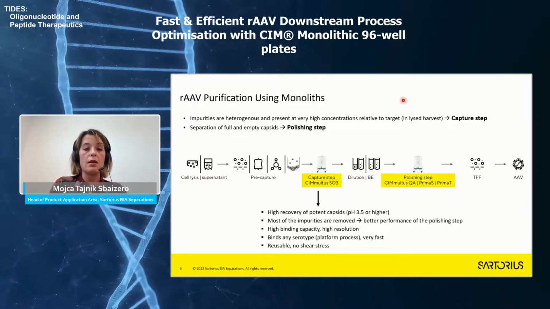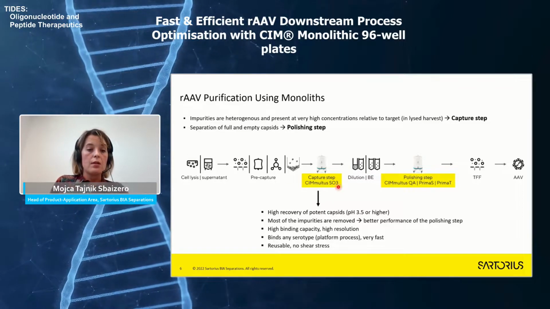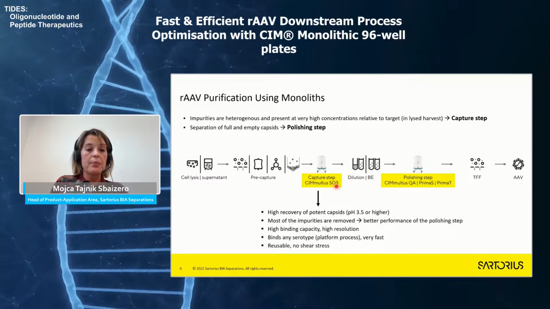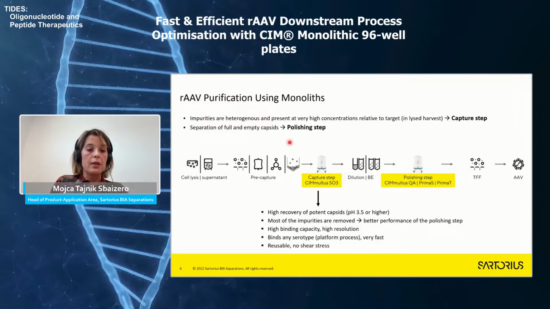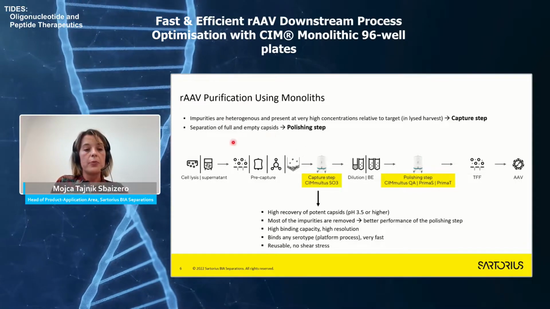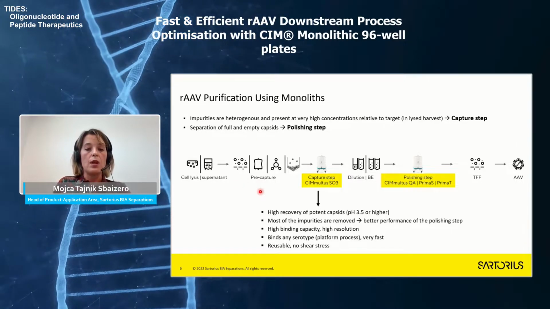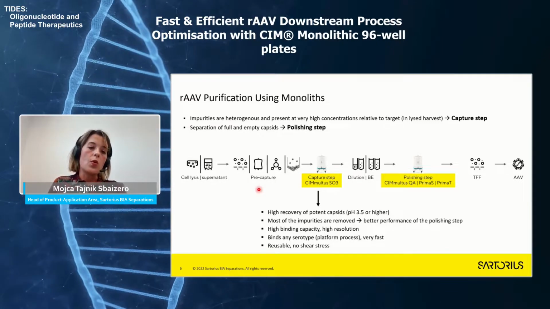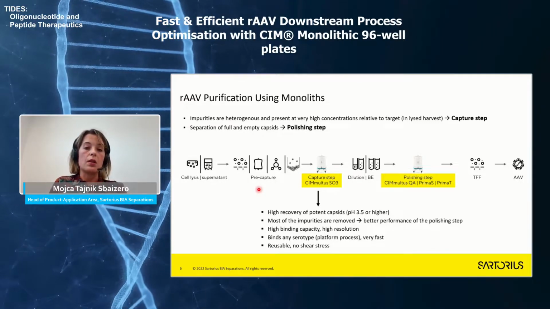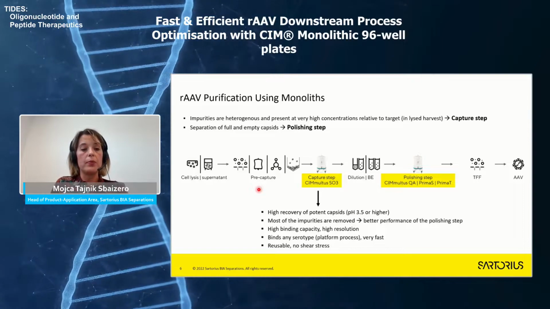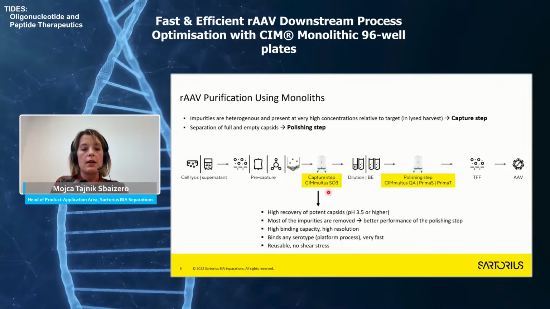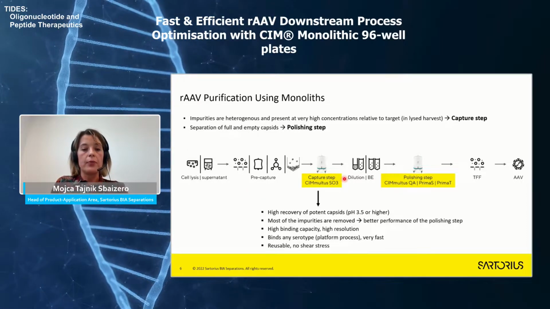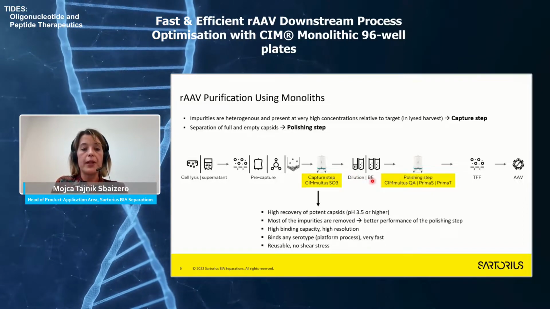So for this, we need the capture step. Here is the capture step, and first the sample is prepared. In this pre-capture step, we try to minimize, or at least lower, the amount of impurity. Then the SO3 elution from the capture step is diluted or buffer exchanged.